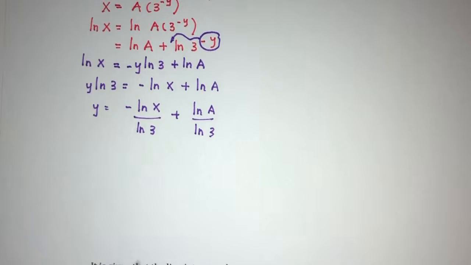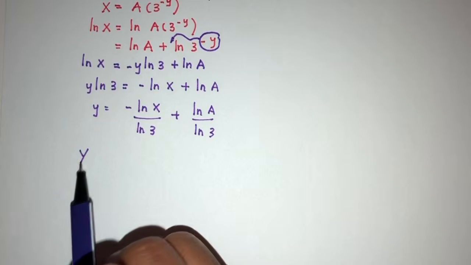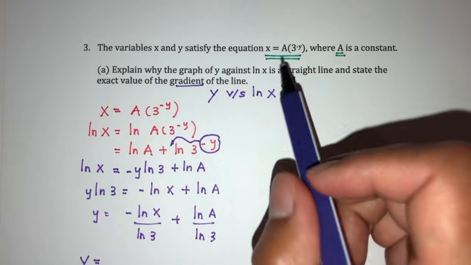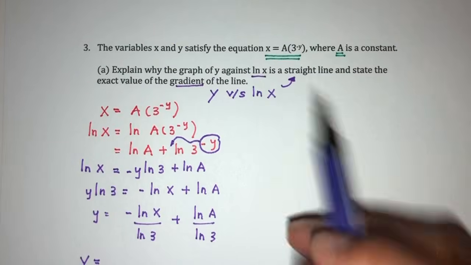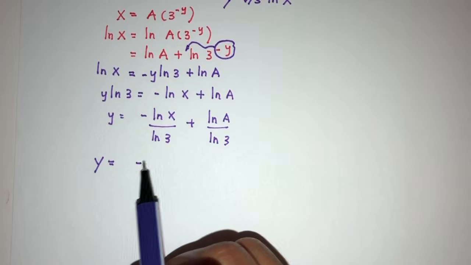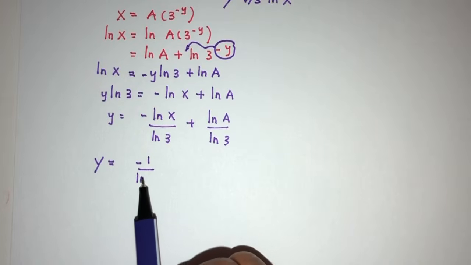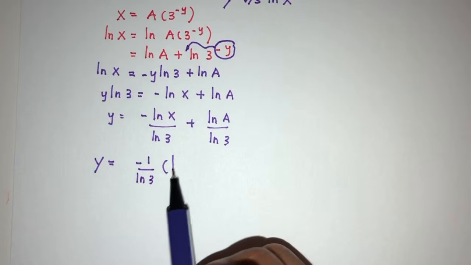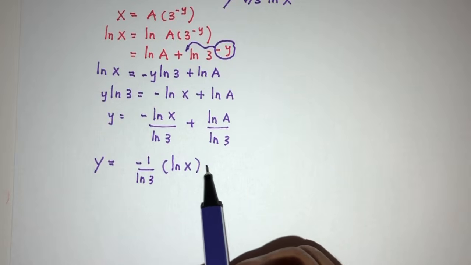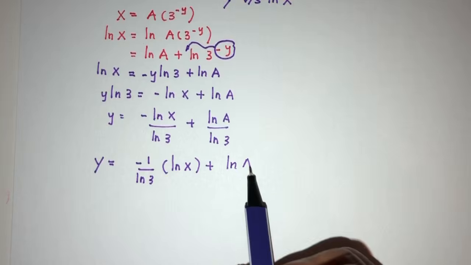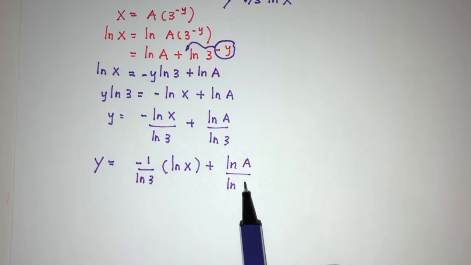Now let's try to rearrange this. y against ln of x. So let's make this ln of x here. So you have minus 1 over ln of 3 times ln of x, right, against ln of x plus ln of a over ln of 3.